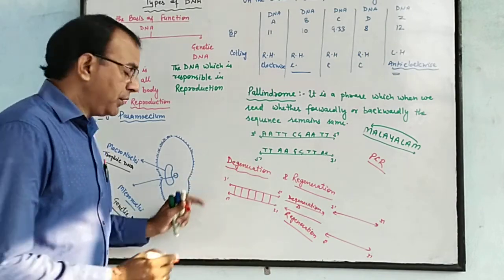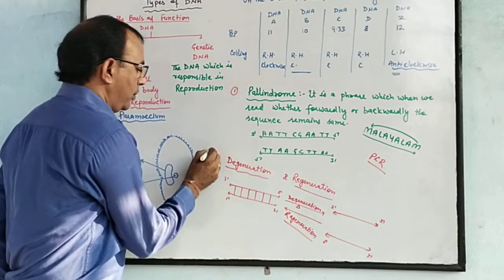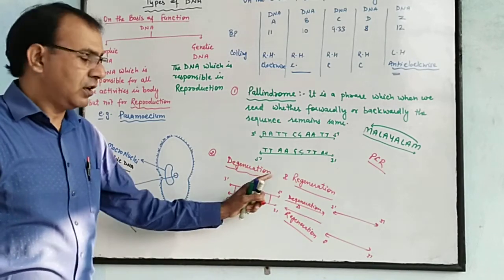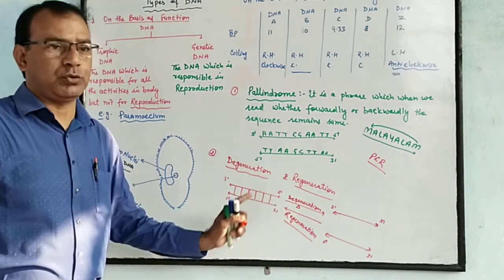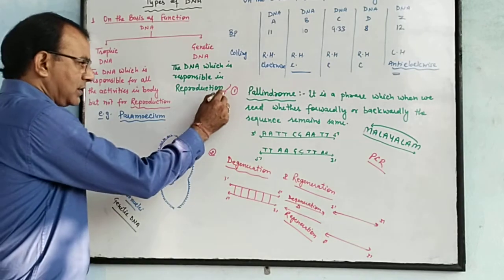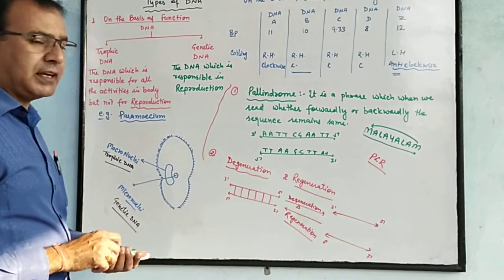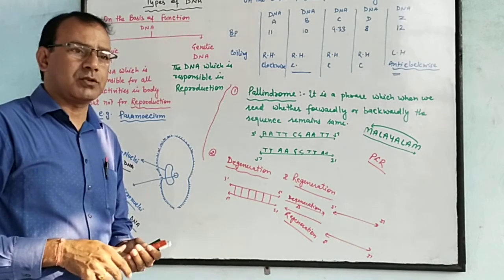So this is the property of DNA. The first is palindrome, and the second is denaturation or degeneration, and regeneration or renaturation. These are the two terms discussed when we study DNA. Clear? In the next part we will discuss the next one.